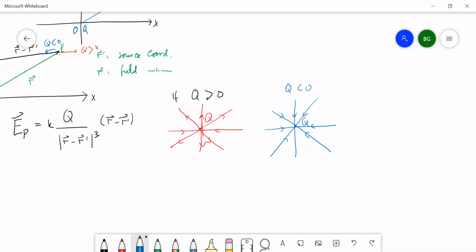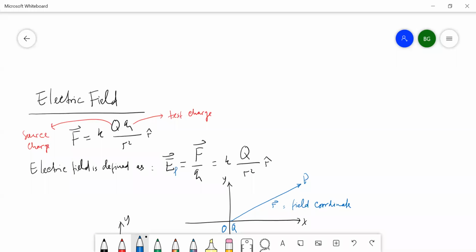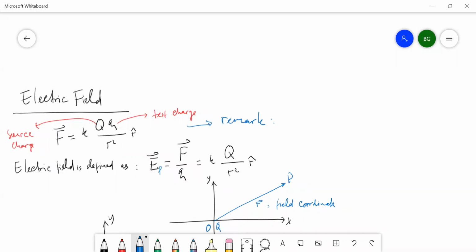Oh yes, before I forget something, there is a remark about Coulomb's law. If R equals 0, then F is indefinite.